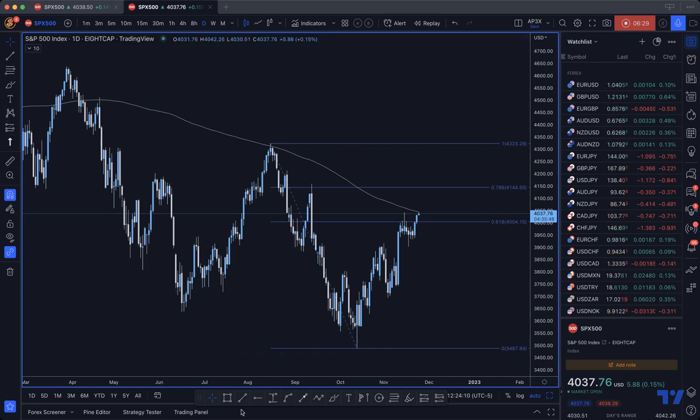What's interesting here on this daily chart, you have this order block sitting right here. So I think very likely that we shouldn't see price action above it, and we definitely shouldn't see the price go above this point right here at 41.60. I think we're somewhere in the vicinity of the top.